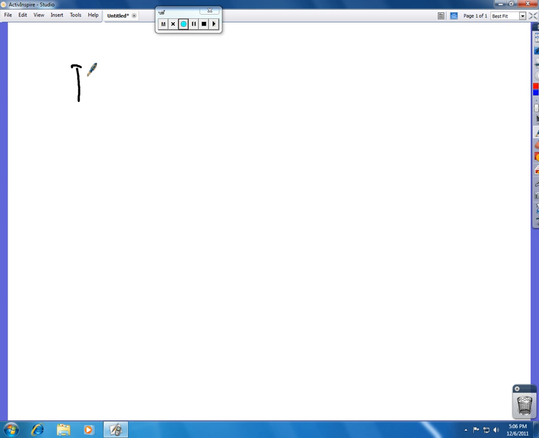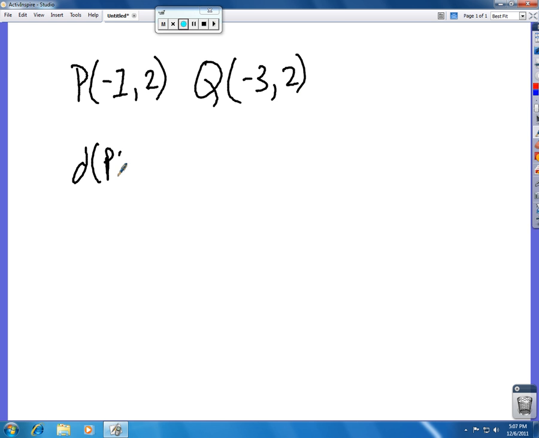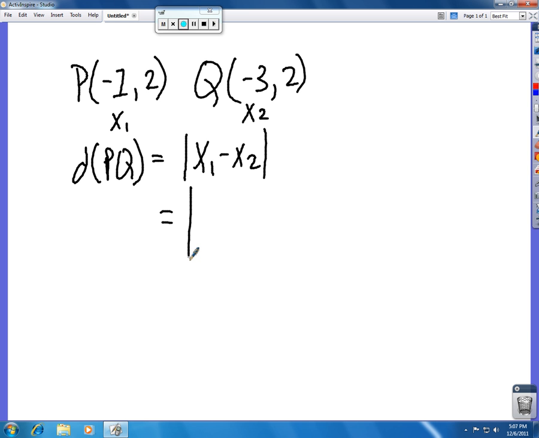Let's have your P point be (negative 1, 2), and Q be (negative 3, 2). So again, our y values are the same, so our distance of PQ will simply be calculated by x1 minus x2, this being x1, this being x2.